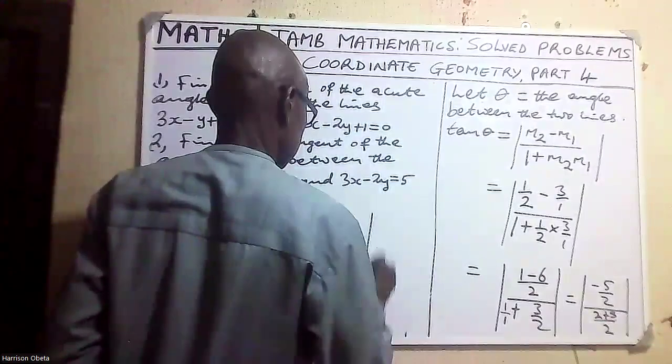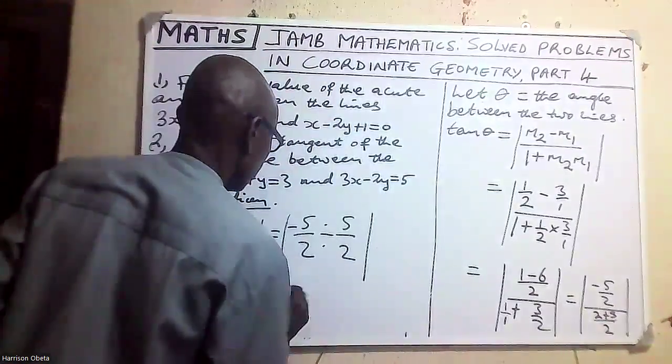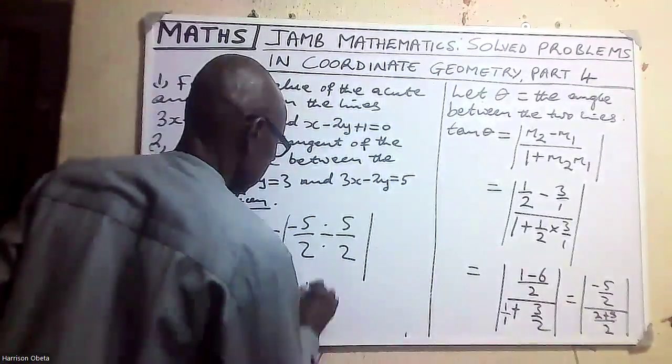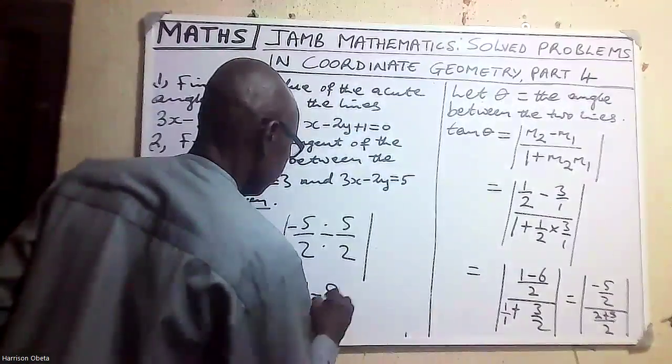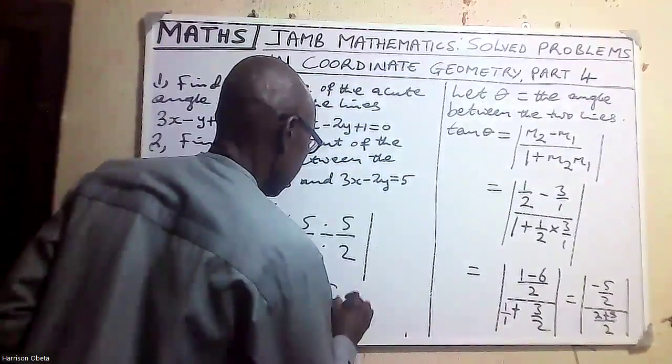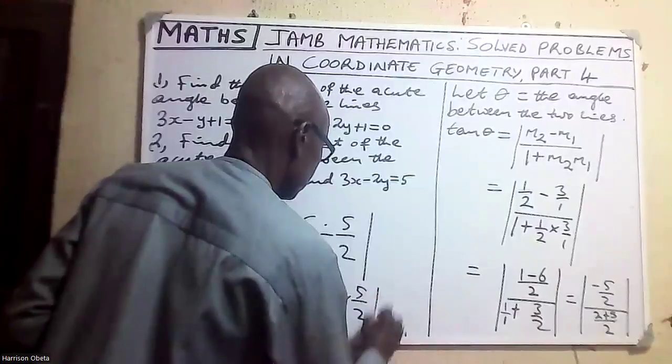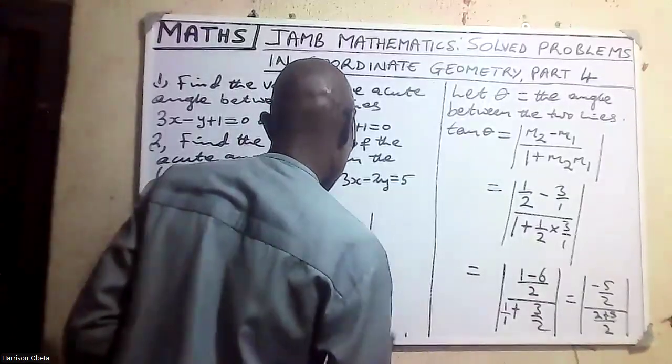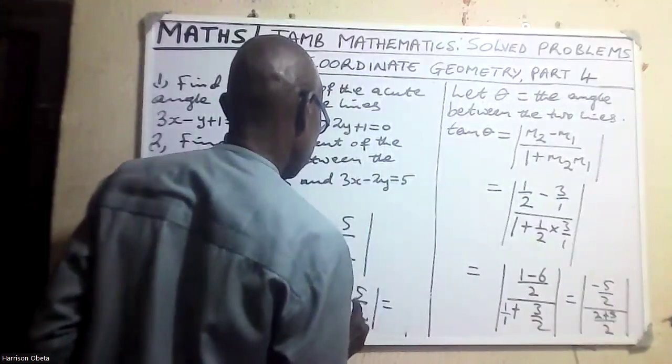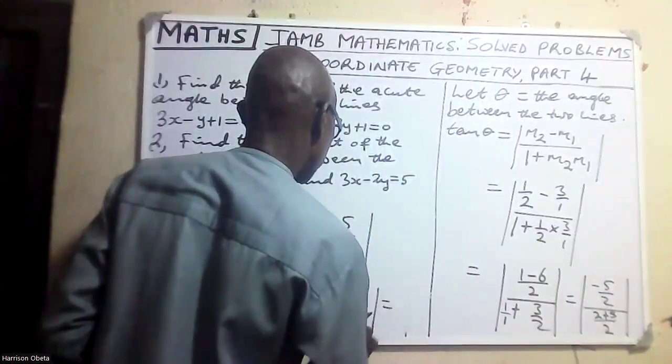That leads us to minus 5 over 2 times 2 over 5.